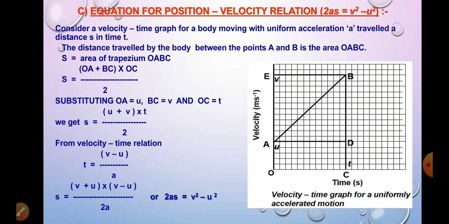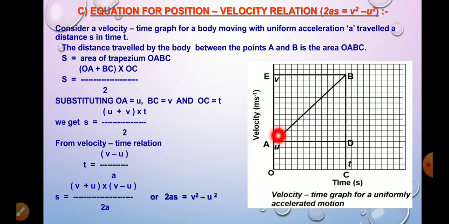Next, let us study the third equation, the position velocity relation, that is 2as is equal to v square minus u square. For this also let us consider a velocity time graph for a body moving with uniform acceleration a, traveling distance s in time t.